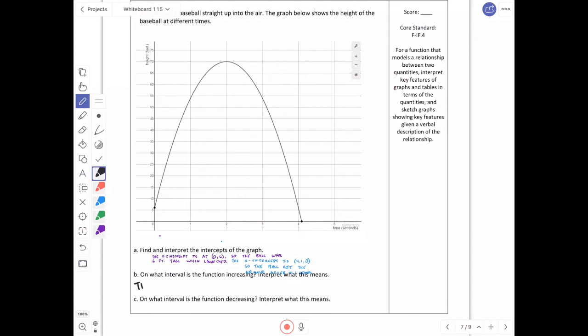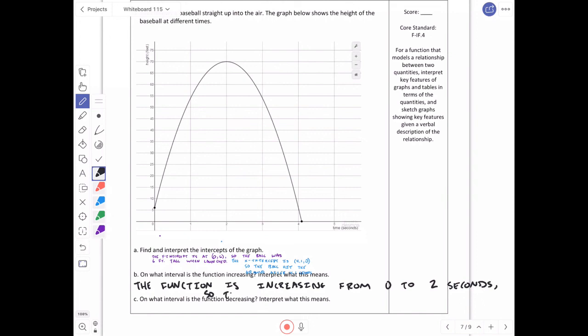And the function is increasing from 0 to 2 seconds.